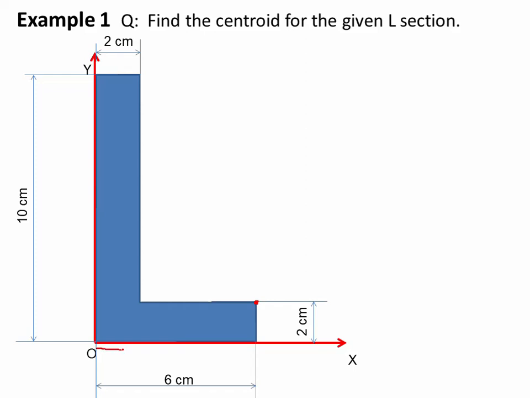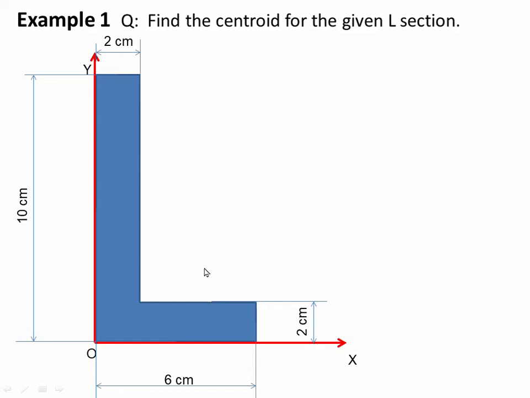Here along the X direction it is 6 meter and similarly along the Y direction it is 2 meter. So this point will be referred as (6, 2). These things you already learned in your school days. The same method will be used for finding the points in this section.